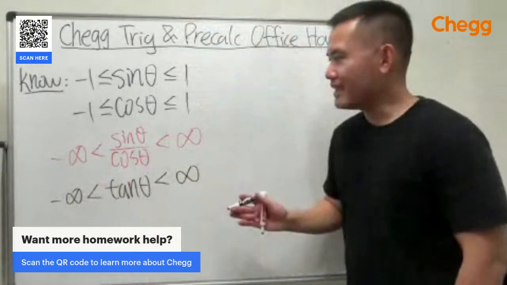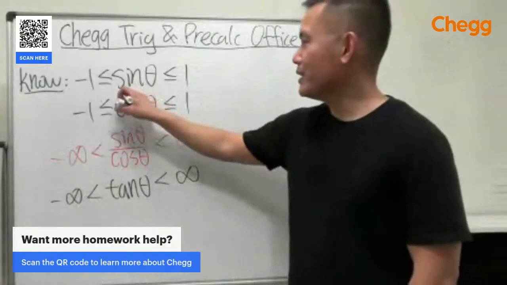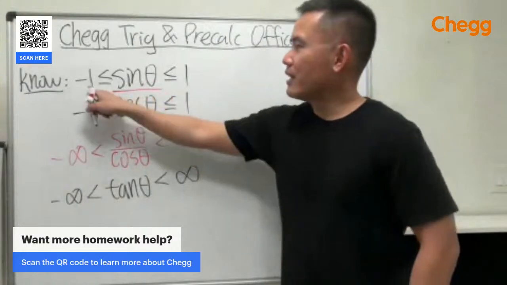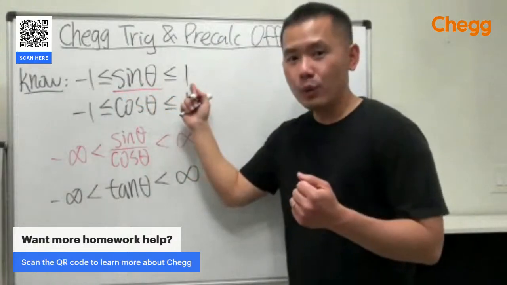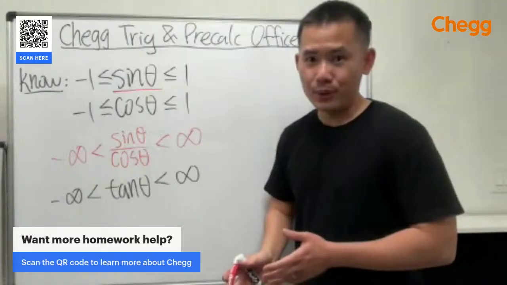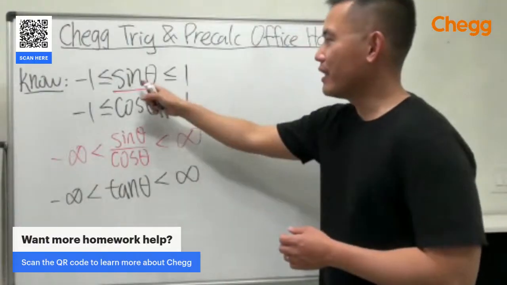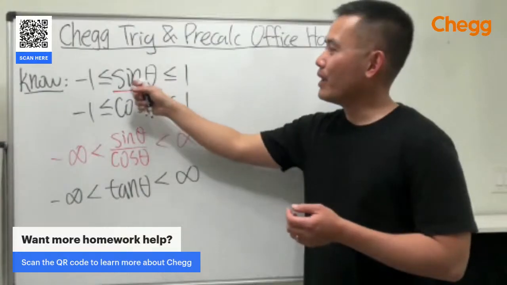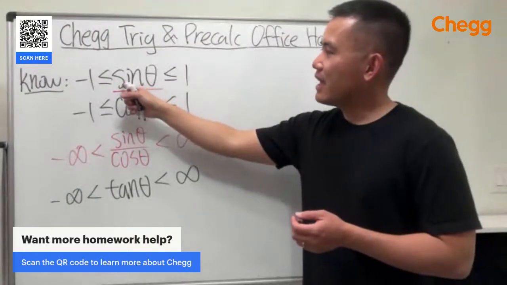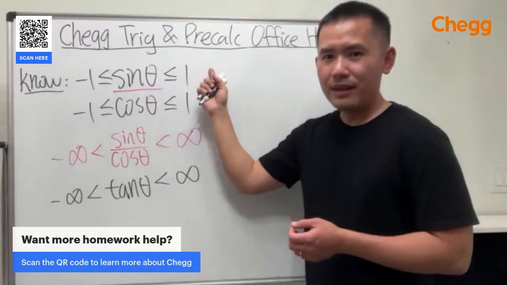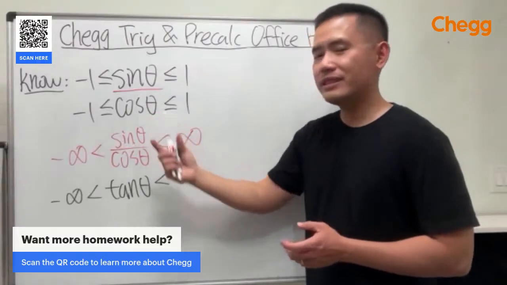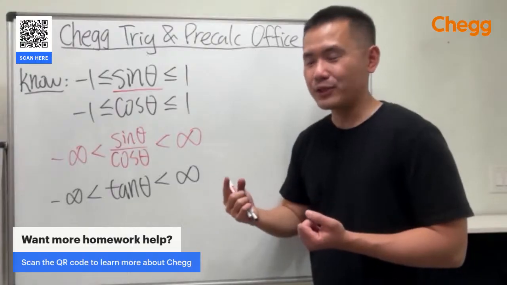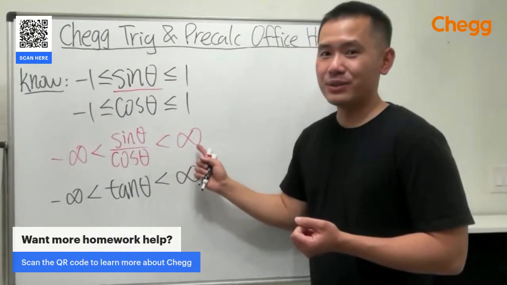The reason why is that even though it looks like we're just dividing, they do not share the -1 or the 1 at the same theta values. When theta is pi over 2, for example, sine at pi over 2 gives you 1, but cosine at pi over 2 gives you 0. And when you approach pi over 2, the function will go up. So that's why it gets to infinity.